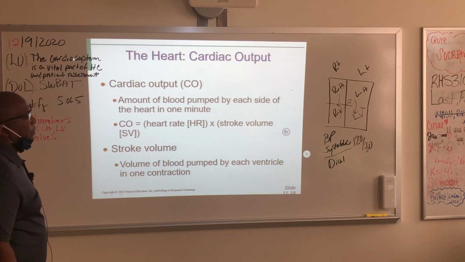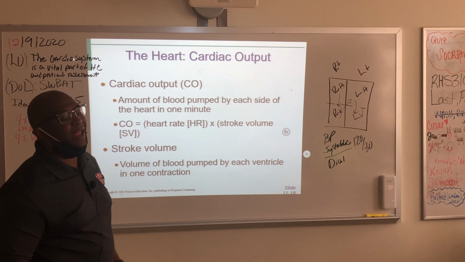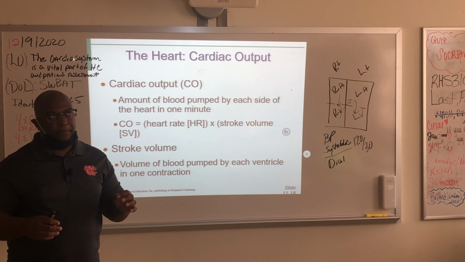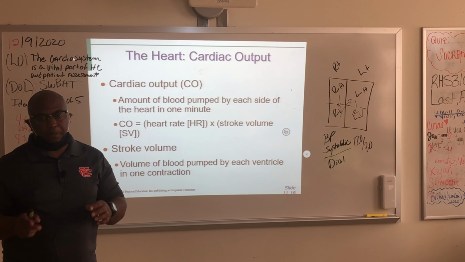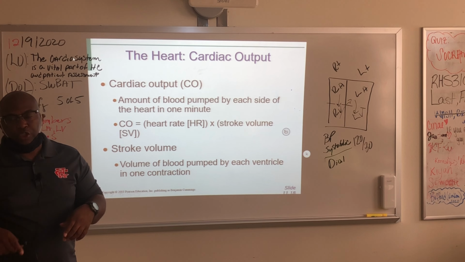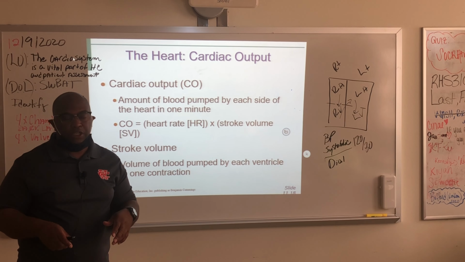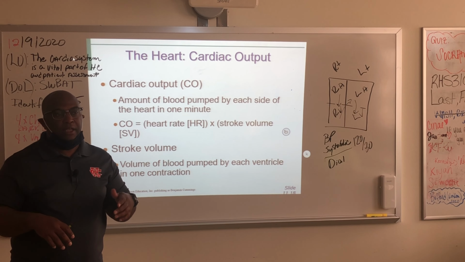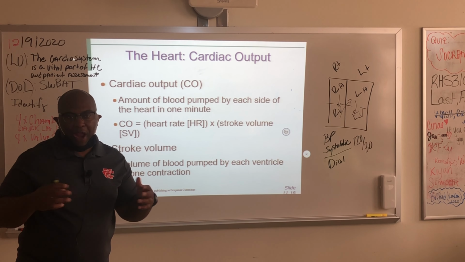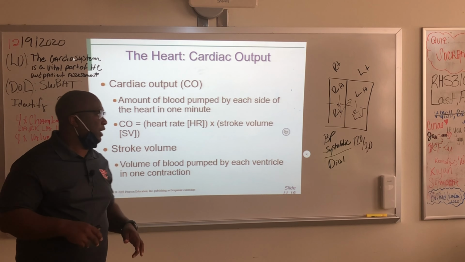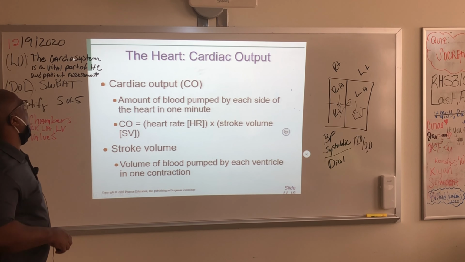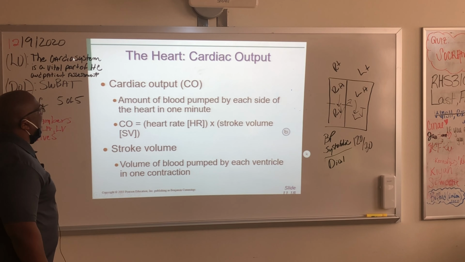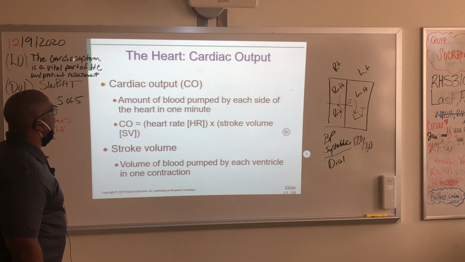They're cardiac output. Cardiac output, in short, is the amount of blood that is pumped through the body in 1 minute. You need that cardiac output to sustain things moving in your body, the heart moving around nutrients and all those types of things. So cardiac output is the amount of blood pumped by each side of the heart in 1 minute.